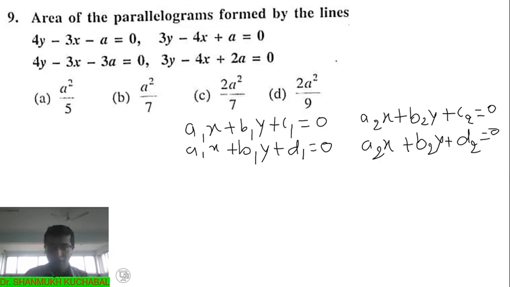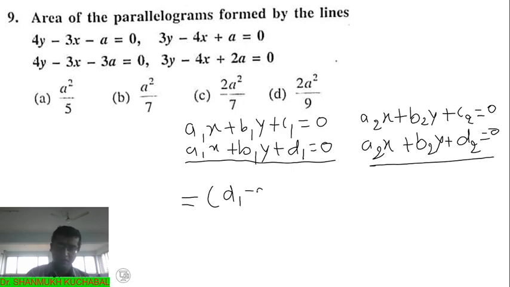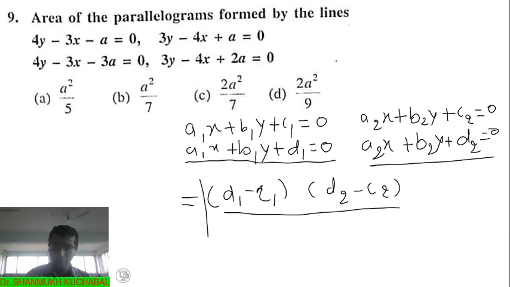We observe that these two equations are parallel, and these two are parallel. Then the area is given by the modulus of d1 minus c1 times d2 minus c2, whole divided by the modulus of a1 b2 minus a2 b1.